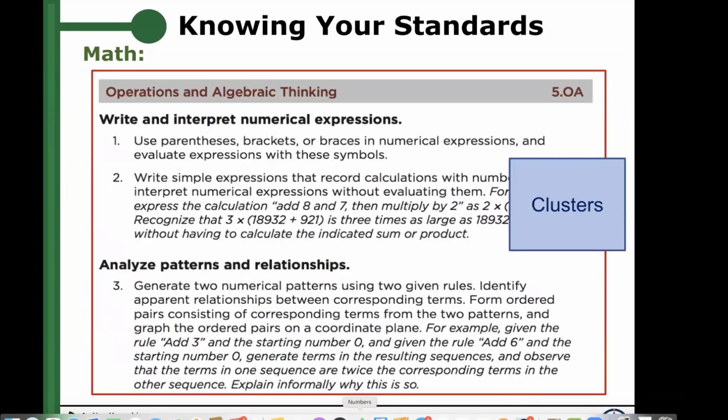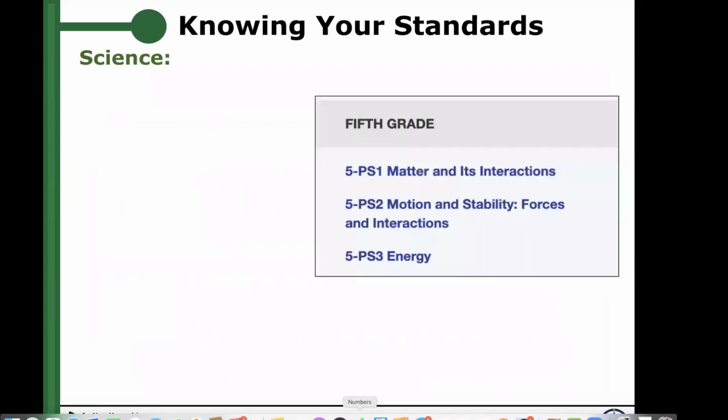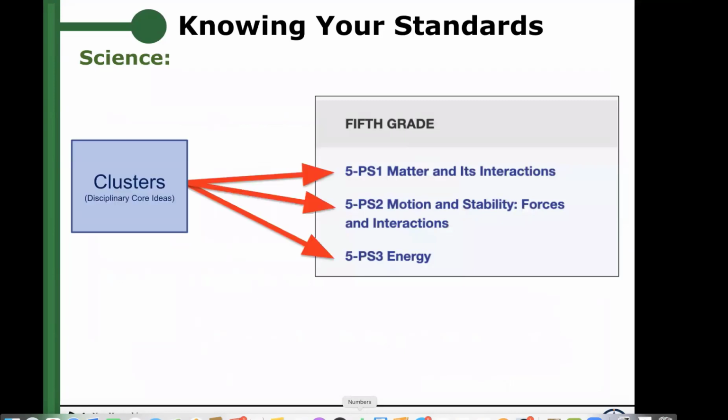Same thing for math. If you're looking at, this is specifically operations and algebraic thinking, that's your sort of reporting category or your domain. And within that, you have your clusters of standards and then each individual standard underneath. For science, your clusters, these are kind of your topic areas.